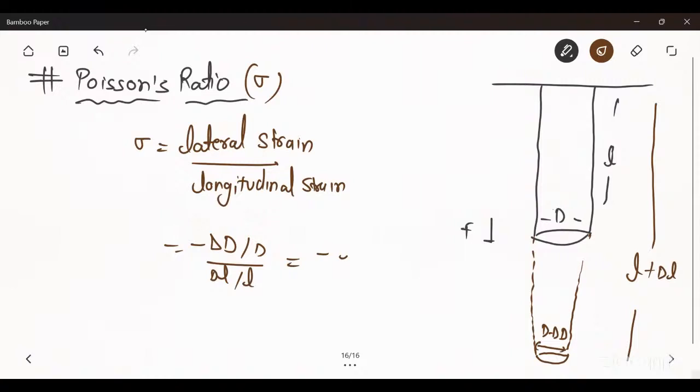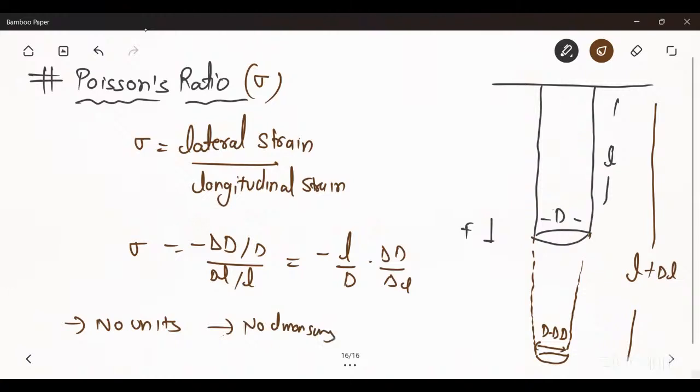So its value will be minus L upon D into delta D upon delta L. The negative sign indicates that longitudinal strain and lateral strain are in opposite directions. It has no units and no dimensions.